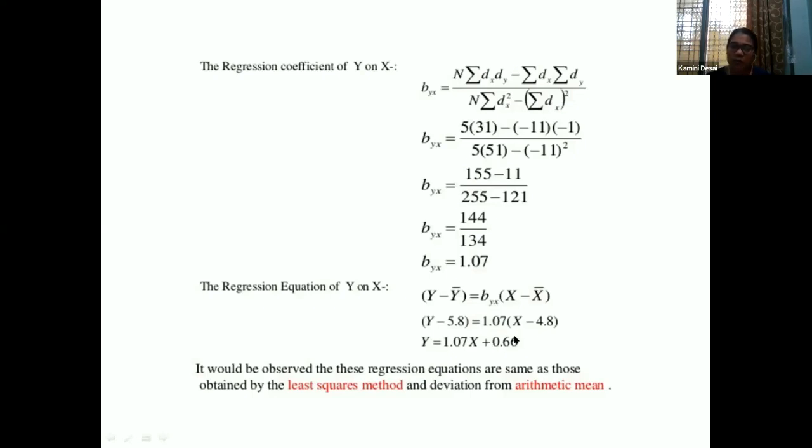Who doesn't know how to solve this bracket? So I will consider everybody knows how to solve the bracket multiplication.